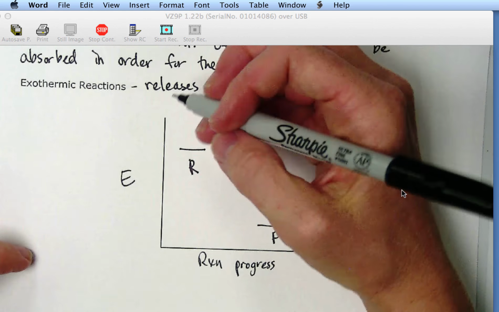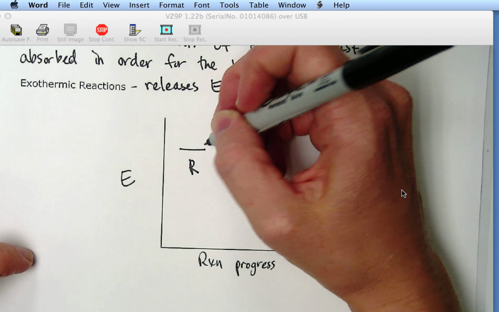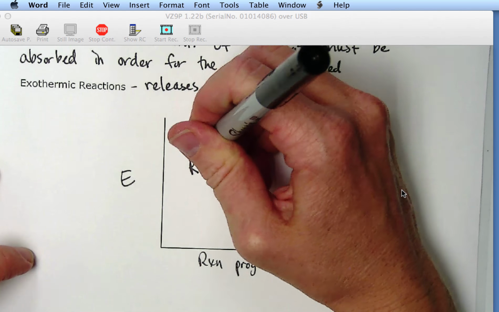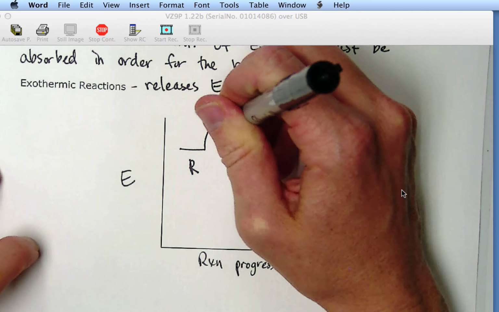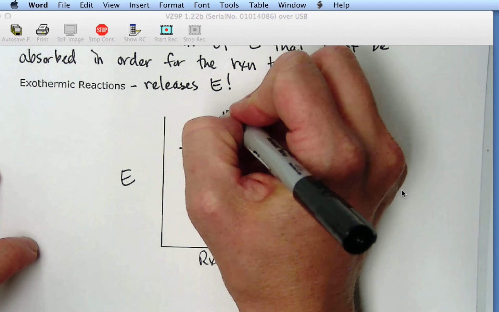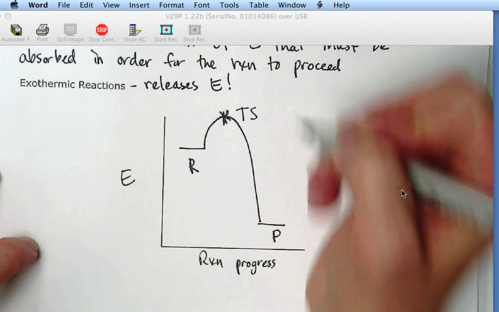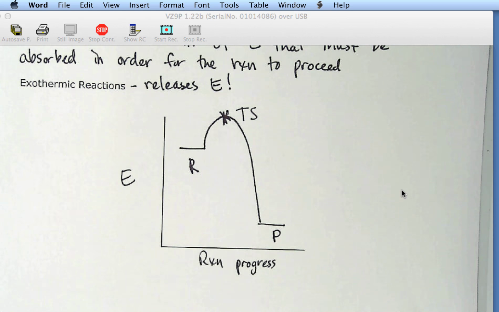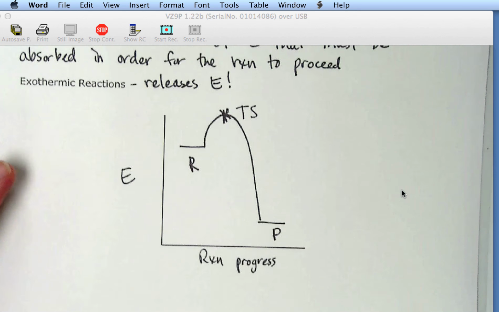So there is still a little hump to get over. And this is where your transition state is. Zoom out.